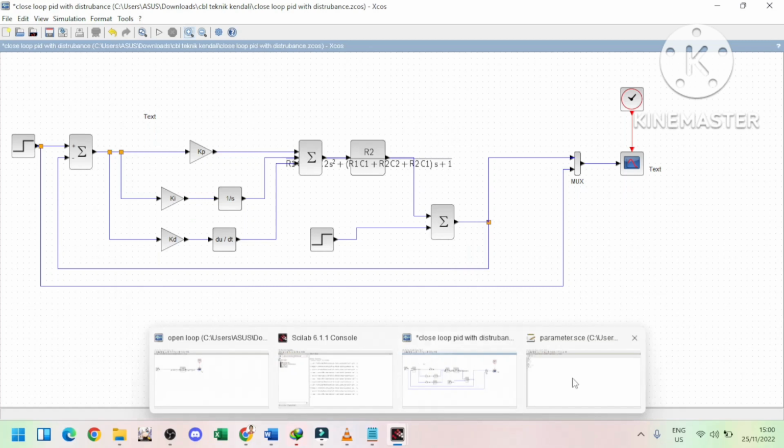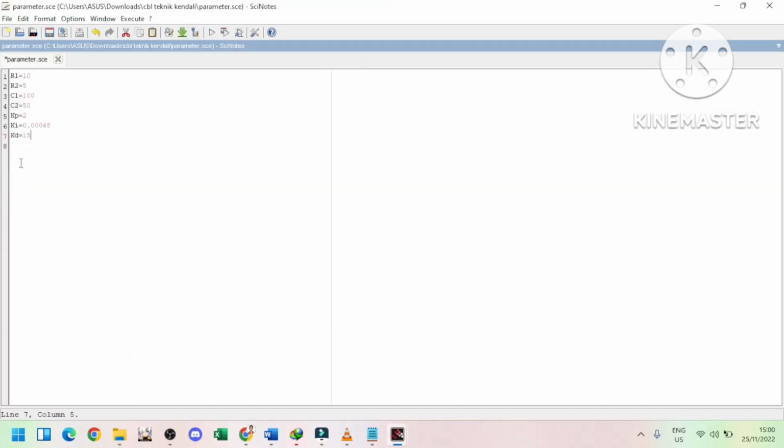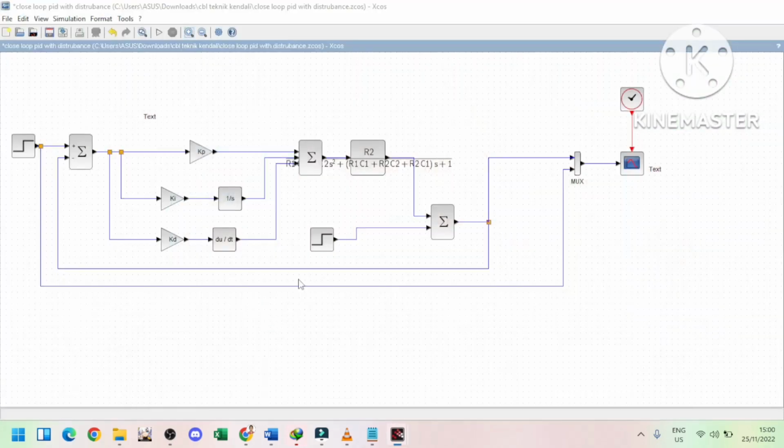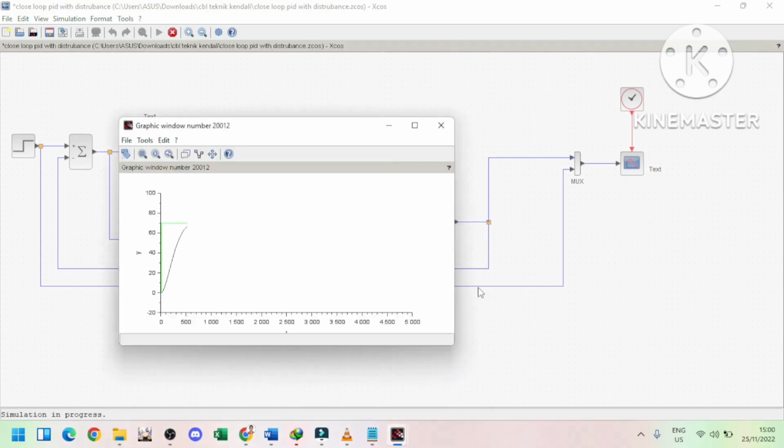So why don't we just adjust it to 150, and yep, it has become more steady than before, and the disturbance is still neutralized by the system and becomes steady again.